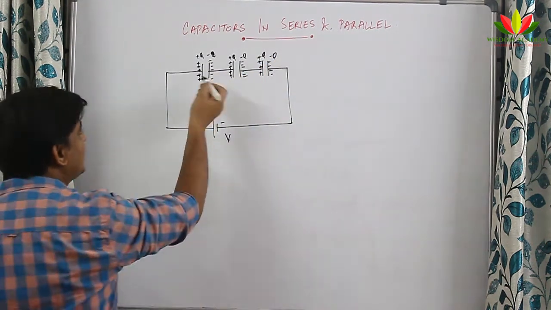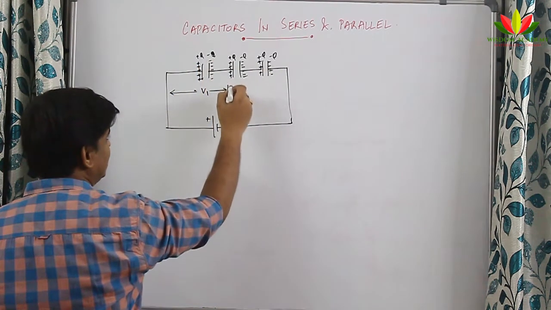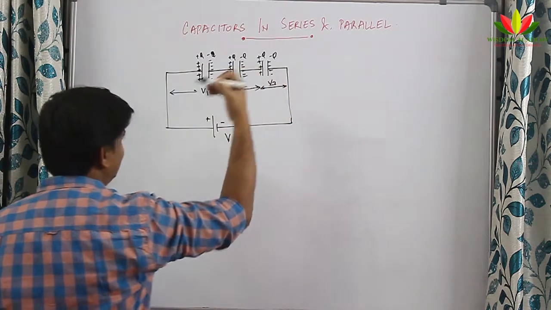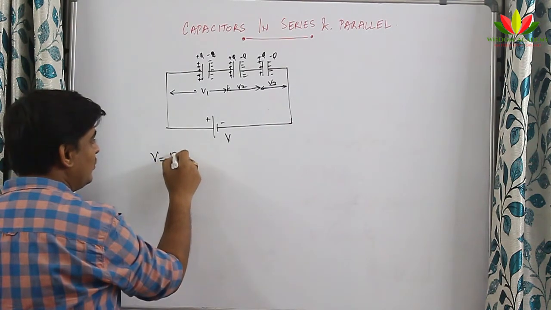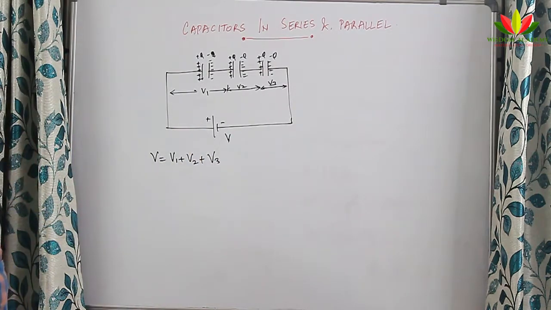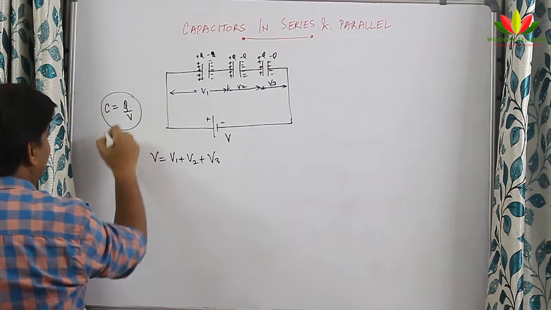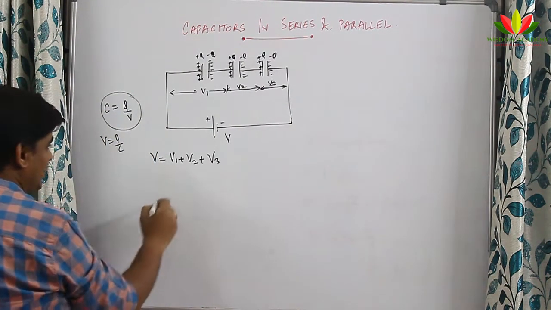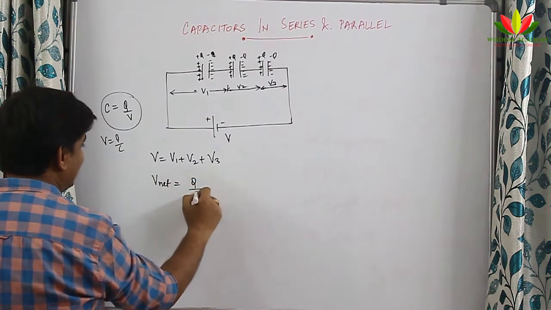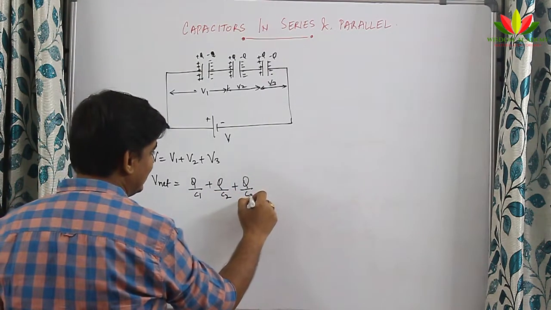The potential difference across each capacitor will be based upon what capacitance it has. So let this be V1, V2 and V3. But the net potential V will be equal to V1 plus V2 plus V3. Now how are V and C related? We know that C is equal to Q by V, so V is equal to Q by C. So V net is equal to Q by C1 plus Q by C2 plus Q by C3.